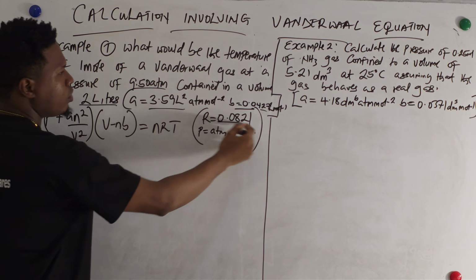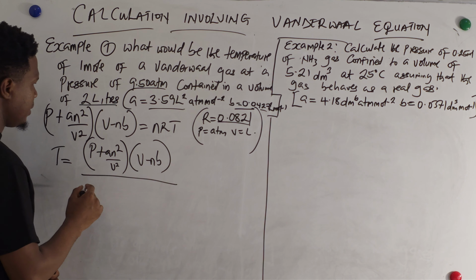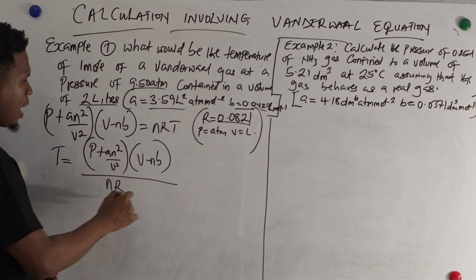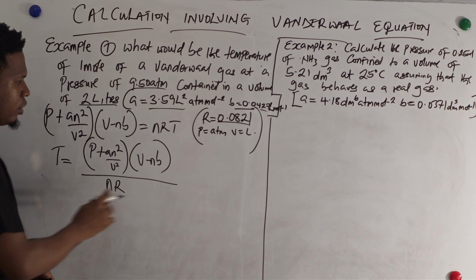So I'll quickly make T the subject of the formula. T will be equal to (P plus an squared all over V squared) times (V minus nb) divided by nR. Okay, so we can plug in the values. What is P?